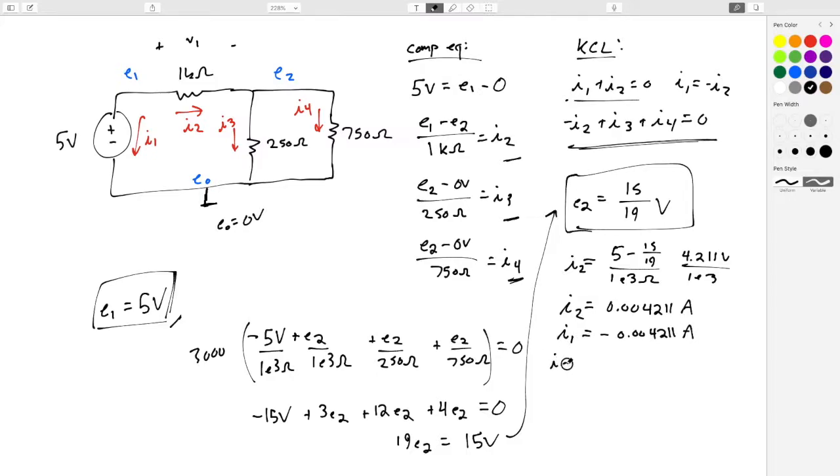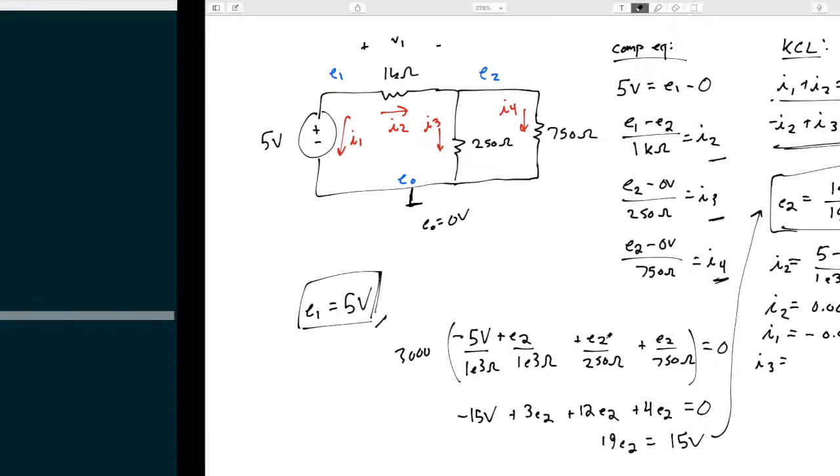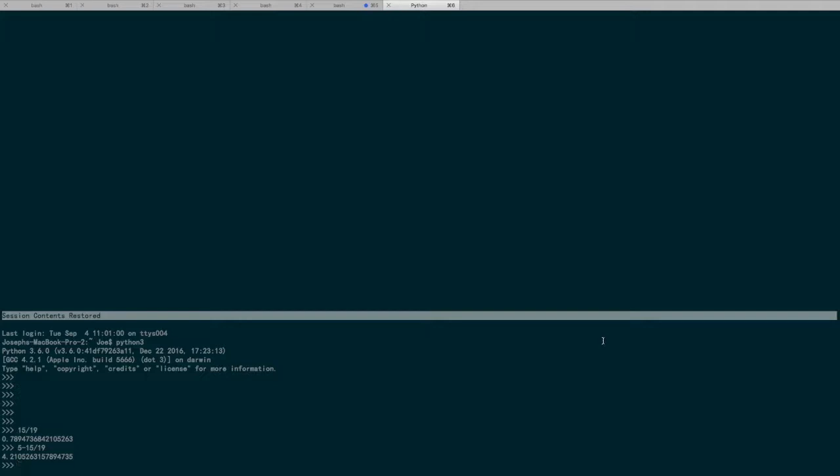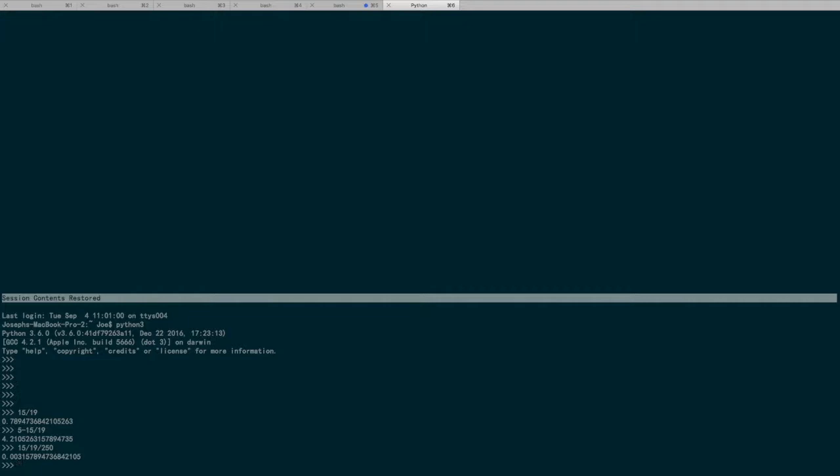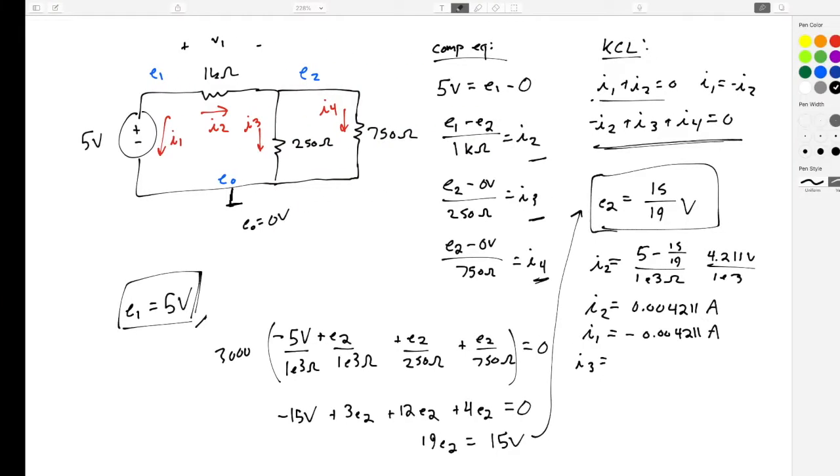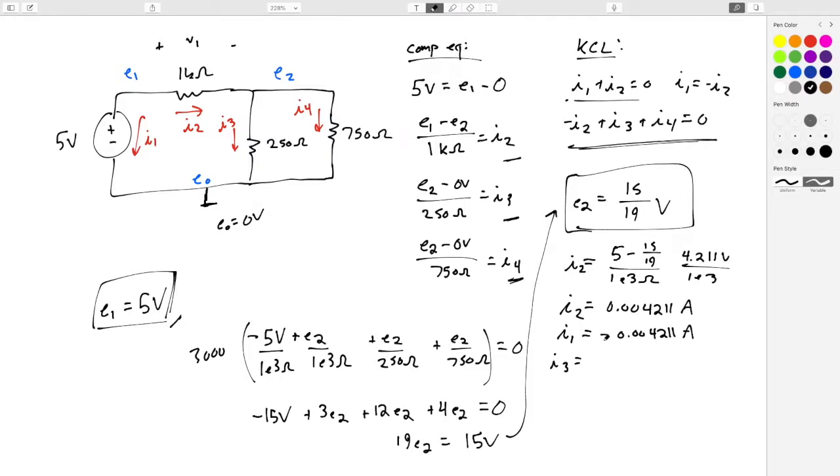I3 will equal, what's E2 again? E2 is 15 over 19, so let's do that. 15 over 19 divided by 250 is 0.00316.